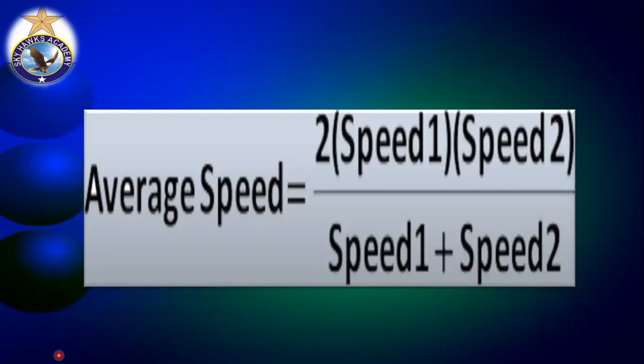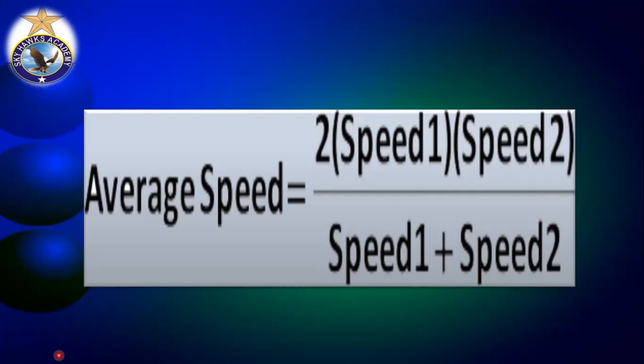This is the average speed when two persons or two cars travel the same distance at different rates of speed. So you can say it is twice the product of those two speeds divided by the sum of the two speeds. This is a very handy one.